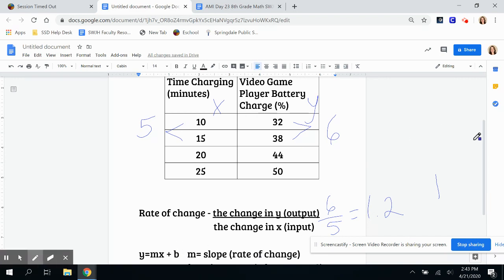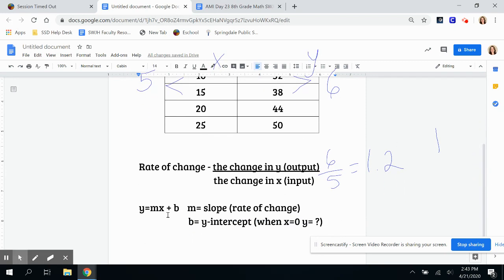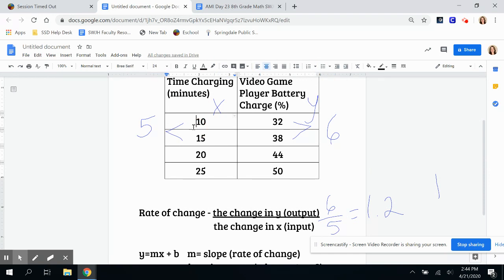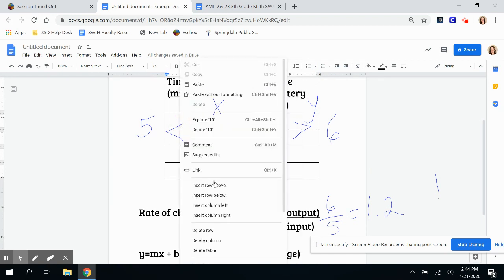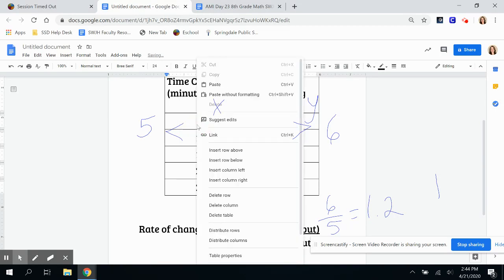And now we need, when x is 0, what is our y? We need our slope intercept, right? We have our slope, our rate of change. They mean the same thing. Y-intercept, and when x equals 0, y equals what? So I go up here in my table, and I need to add some more rows in here. Let's add a couple more rows.